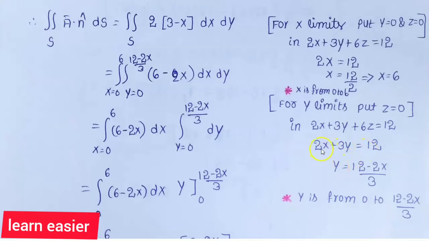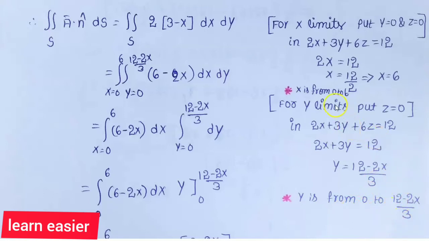By taking 2x to this side, we get 12 minus 2x, and by taking 3 to this side, we get y equal to 12 minus 2x by 3. So y is from 0 to 12 minus 2x by 3.